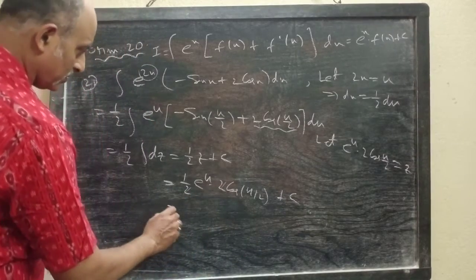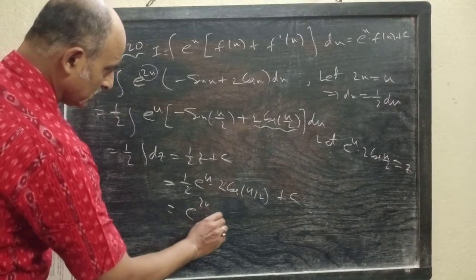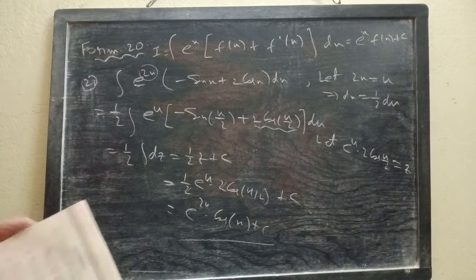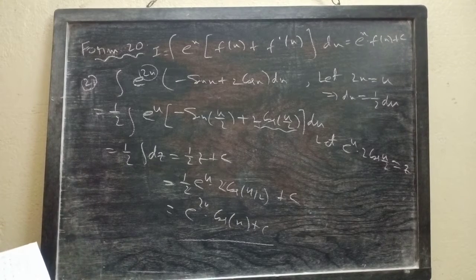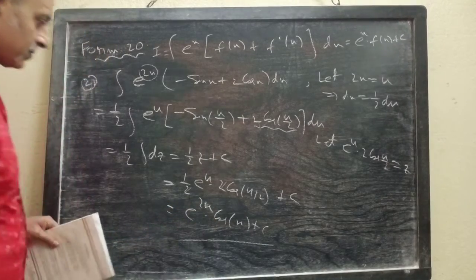These two cancelled. e to the power u, that is e to the power 2x, into cos of x plus c. So this will be your answer.